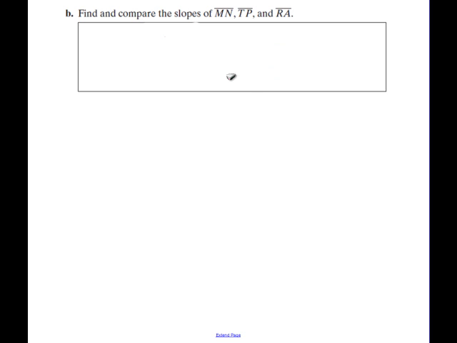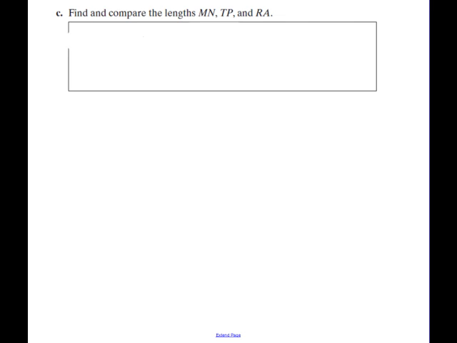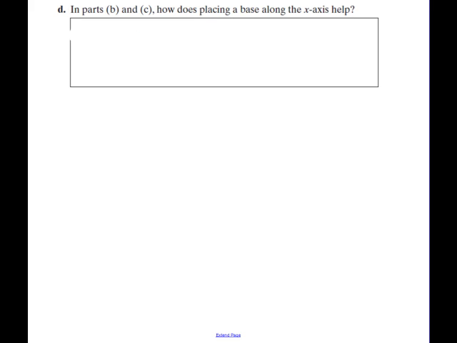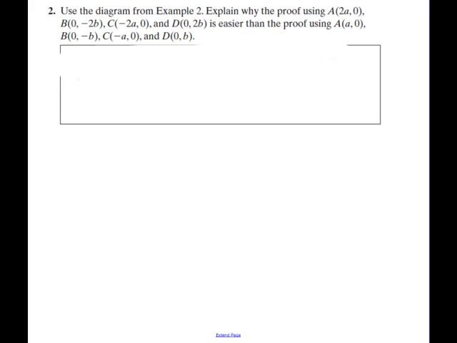Find and compare slopes. That's not something that we've done thus far, but you should be able to do that. Finding the lengths was what we just did in the example. It says in parts B and C, how does placing a base along the x-axis help? So think about what we talked about, horizontal lines, and how that helps us with coordinates.